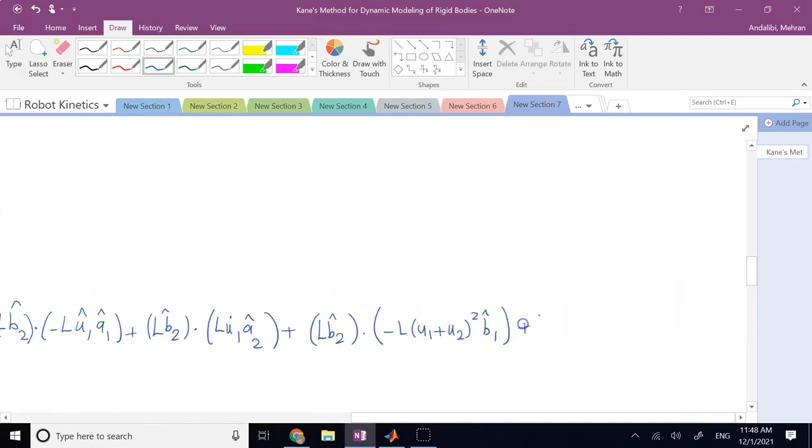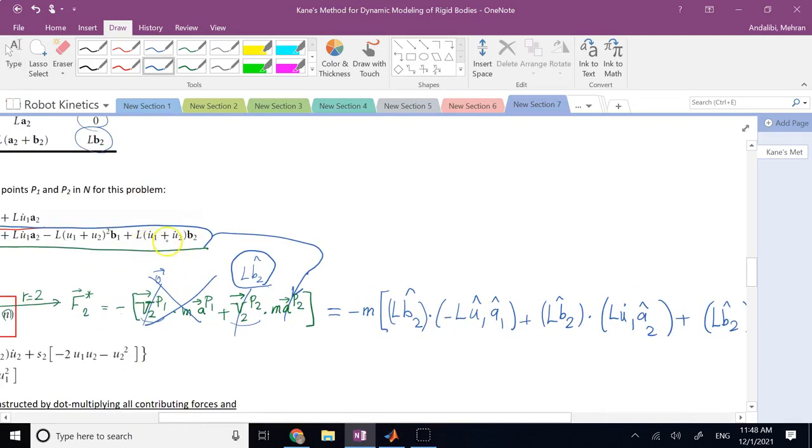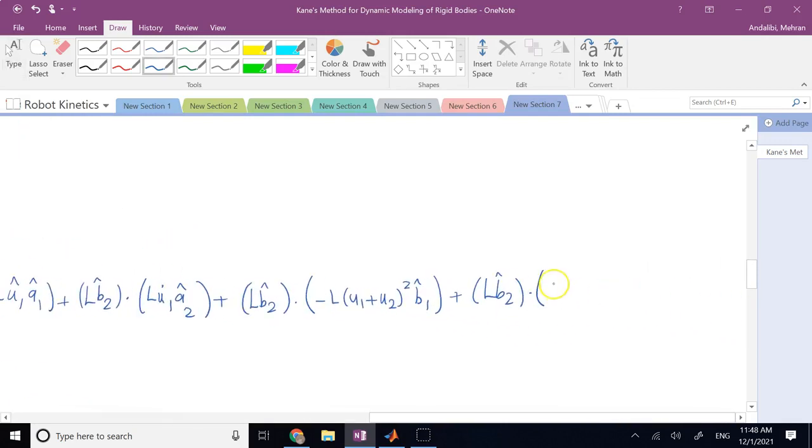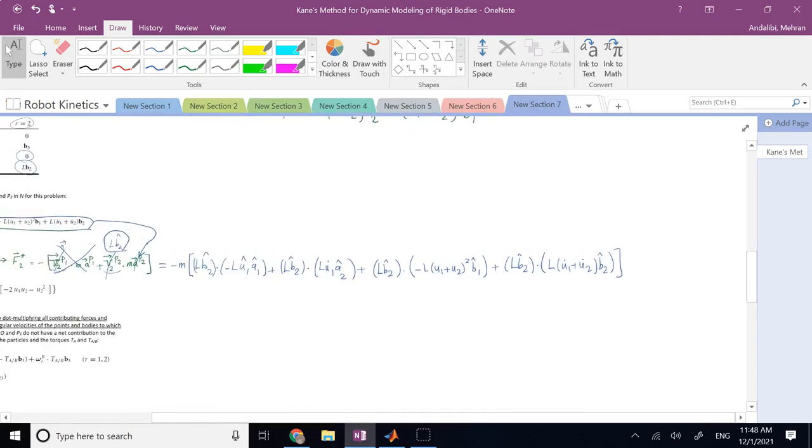And finally, plus LB2 dot, and you have LU1 dot U2 dot B2. Okay, so this is the expansion.